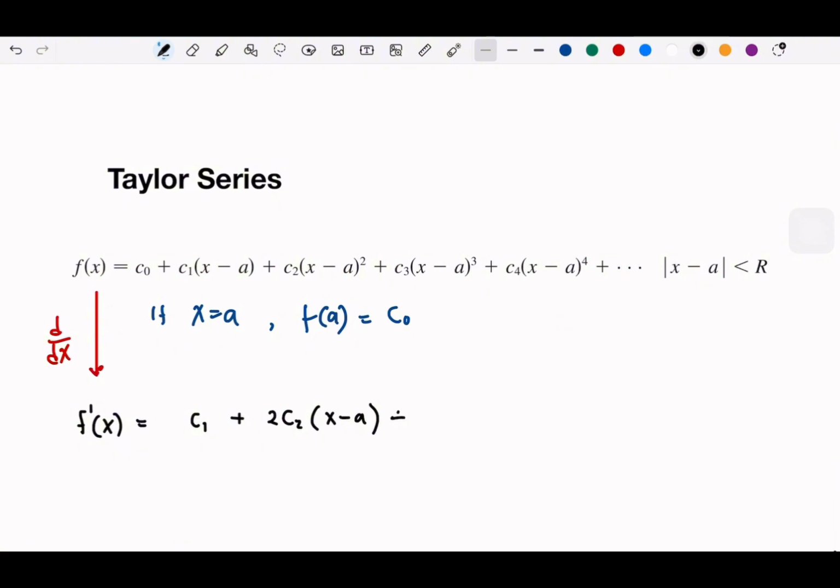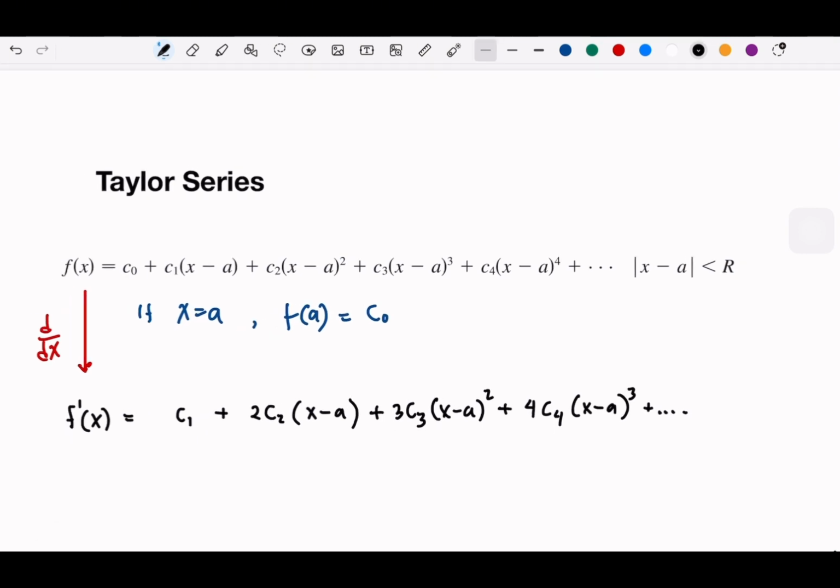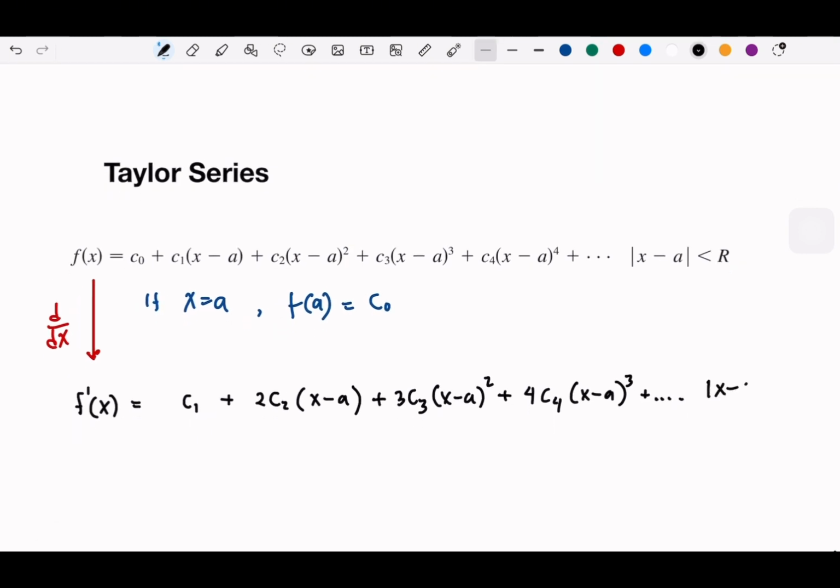Then plus 3C3 (x minus a) squared plus 4C4 (x minus a) cubed, and so on and so forth, with the same radius of convergence r. And the same if we take x equal a, then f prime of a will be C1. Okay.